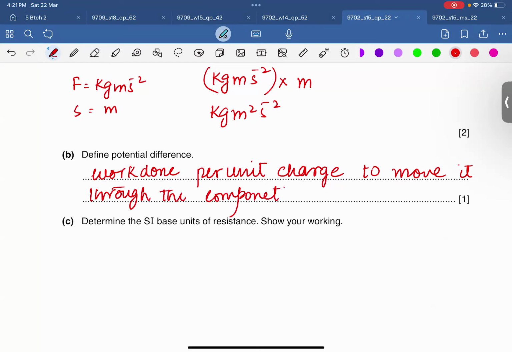And you can also add on the energy conversion. Okay. So since the charges are moving through the resistor or through any component, so it previously have the electrical energy which will be converted into other form, right? So you can also mention the energy converted from electrical to other form per unit charge in moving the charge throughout the component, right?